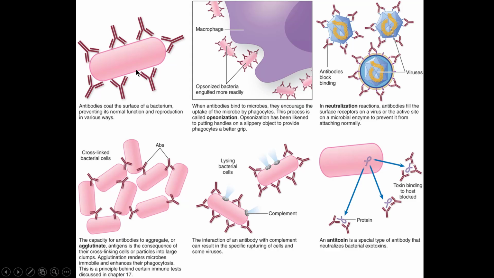This is the variable region of the antibody binding to the pathogen, and then the constant region sticks out, and things like macrophages will grab the constant region and use it almost like a handle to bring it into the internal part of the phagocyte, the macrophage more commonly. Basically it's an enhanced mechanism of phagocytosis. Once something like a bacteria is opsonized, it's much easier for the bacteria to be phagocytized by the immune system.